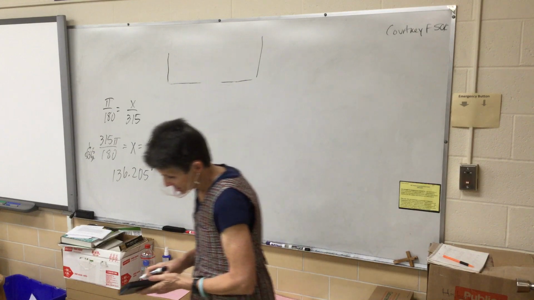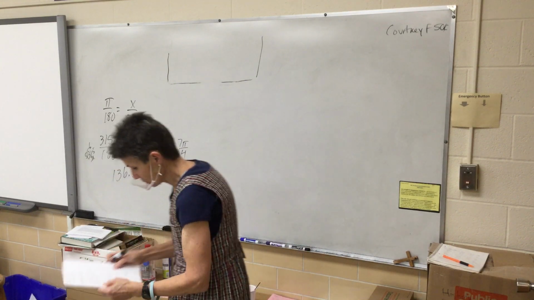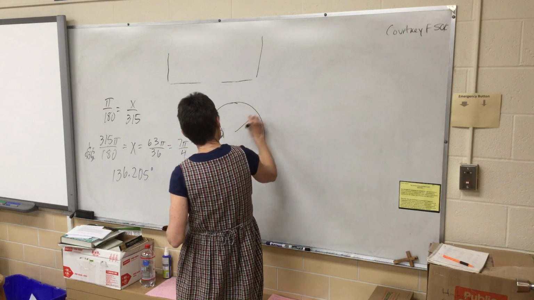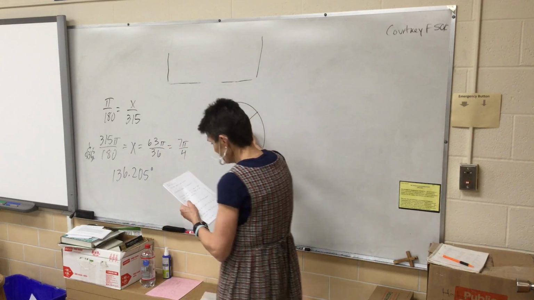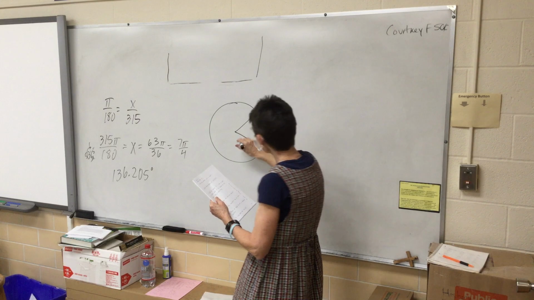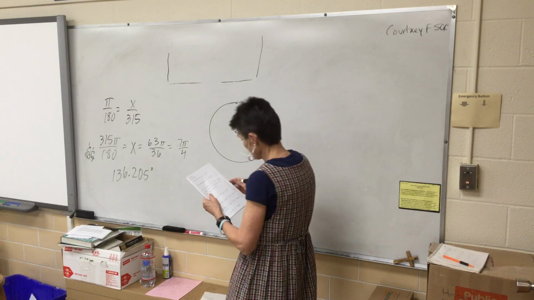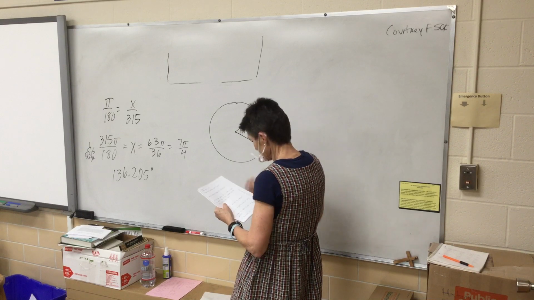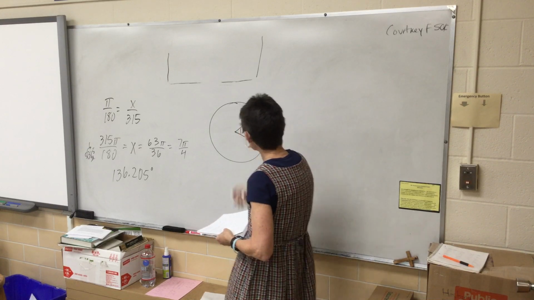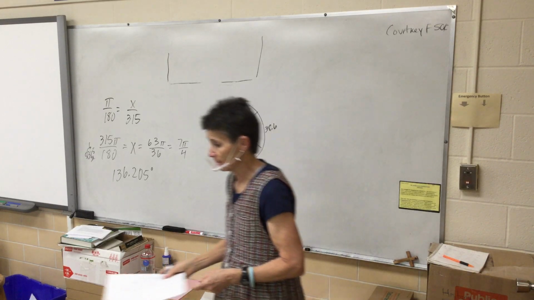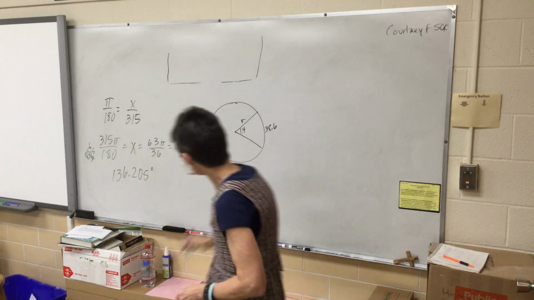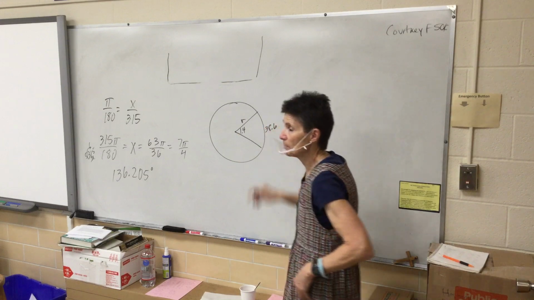Okay. Find the radius of a circle in which, okay, so we got a picture that looks like this. We got a central angle that's 1.4, and it creates an arc that's 38.6, and our job is to find the radius. So this is the picture that would be appropriate to that given information.